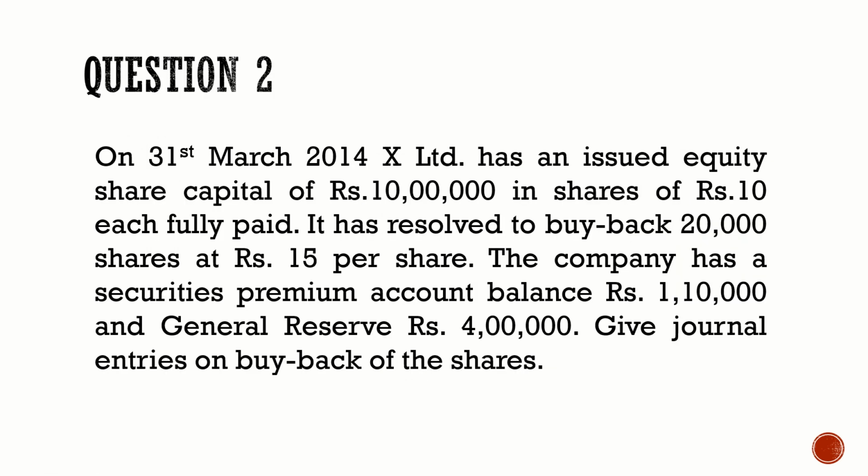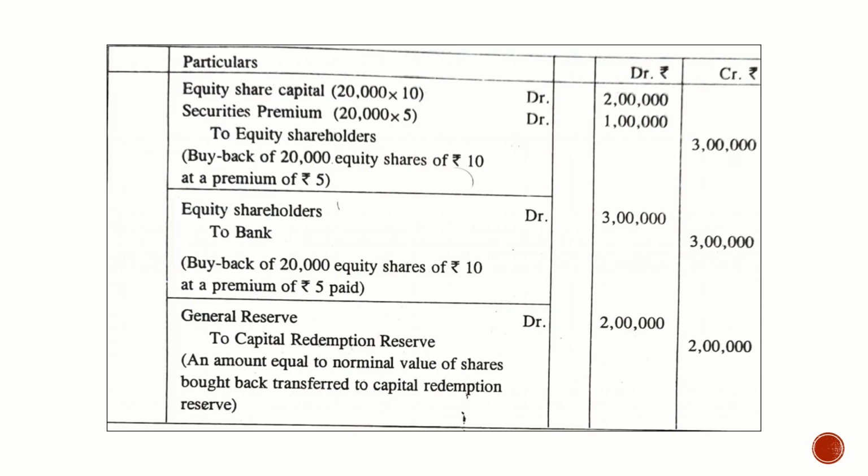We have learned that if the buyback is made from free reserves or securities premium, an amount equal to the nominal value of shares so bought should be transferred to the capital redemption reserve. So 20,000 shares are bought back, and an amount equal to the nominal value.